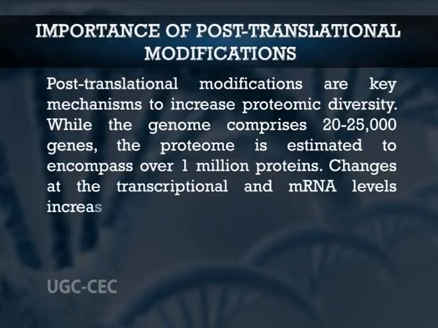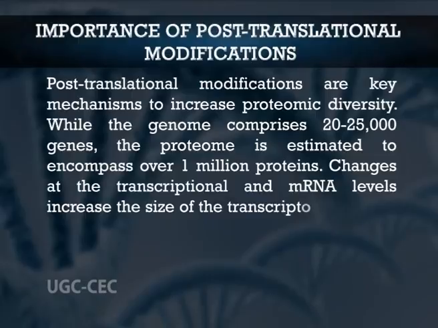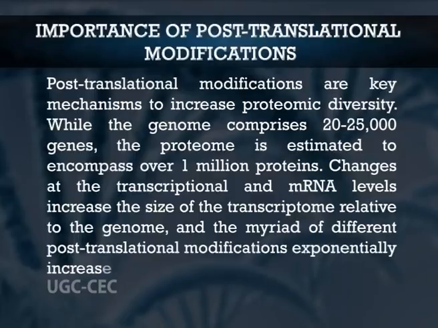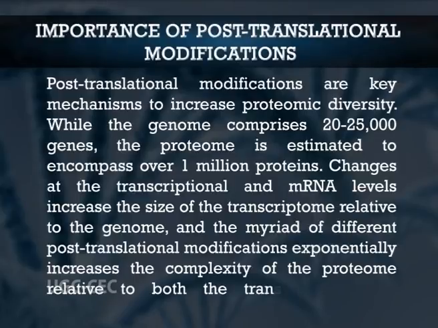Changes at the transcriptional and mRNA level increase the size of the transcriptome relative to the genome, and a myriad of different post-translational modifications exponentially increases the complexity of the proteome relative to both the transcriptome and the genome.